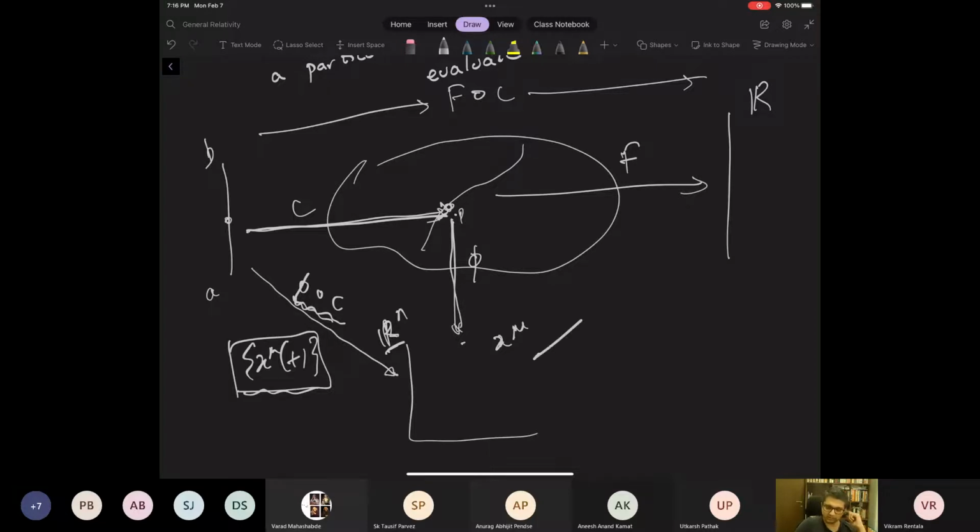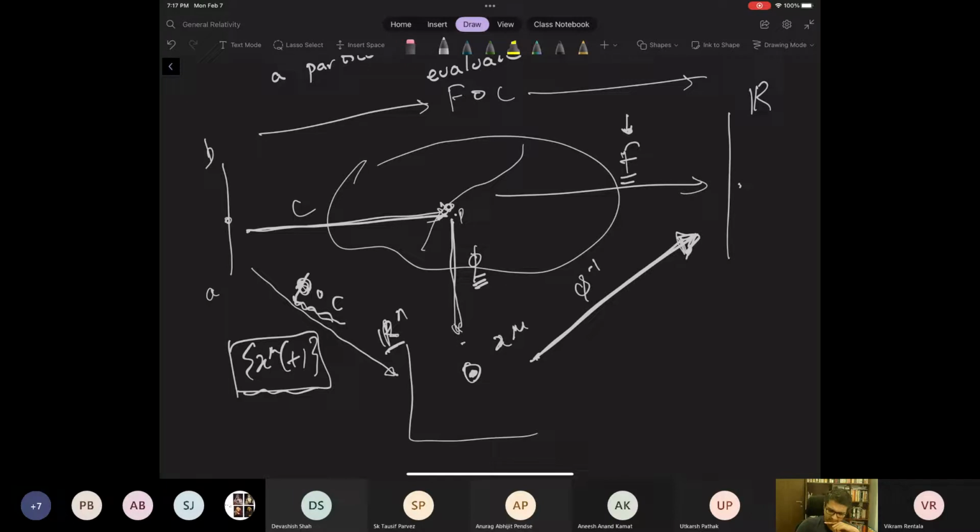Now similarly, if I want the coordinate representation of this function f, what I want is this map from the coordinates to R. So how would I denote this? First using f and phi. Phi inverse compose f.